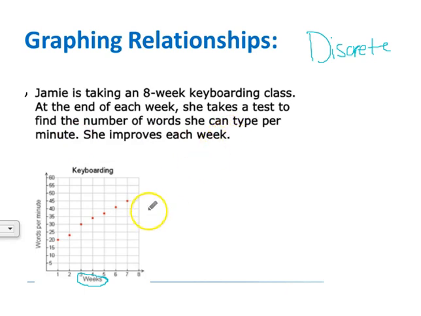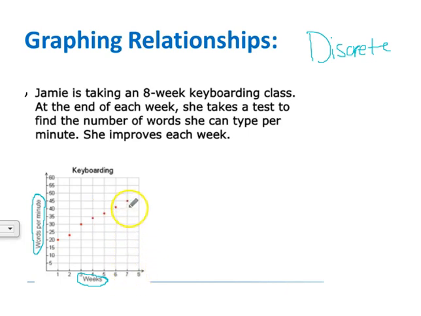We can tell from our axes and the way that they're labeled what is being represented on this graph. So the words per minute are being tracked over 8 weeks. In week 1 she could type 20 words per minute. We look at week 5, we can see that she jumps up to maybe 37 words per minute.